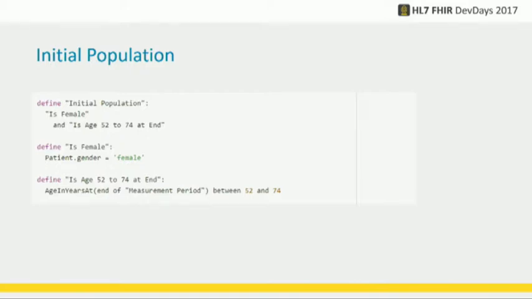So each measure will have expressions for all of the top level criteria, that are then made up of more detailed statements about what that criteria actually means. In this case, the initial population is those two criteria, and those are defined in terms further of is female, is the patient.gender is female, and the is age 52 to 74 at end. We just use a calculation to pull the age and do a comparison there. So that's a pretty straightforward representation.